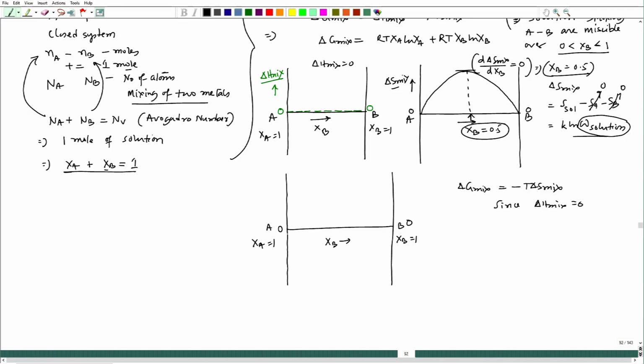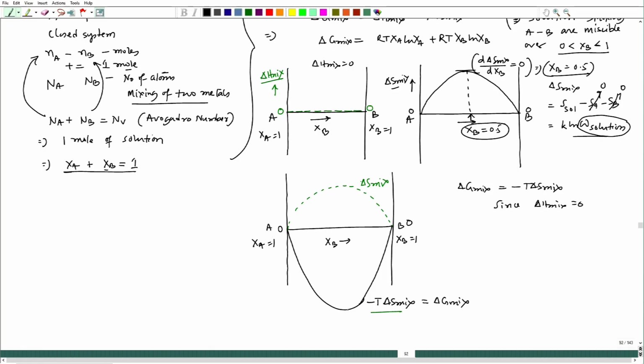So, the plot would be like this. So, this is minus T del S mix, and del S mix would be like this. So, this goes to minus del S mix, and minus del S mix is nothing but delta G mix. So, this is at a particular temperature T.